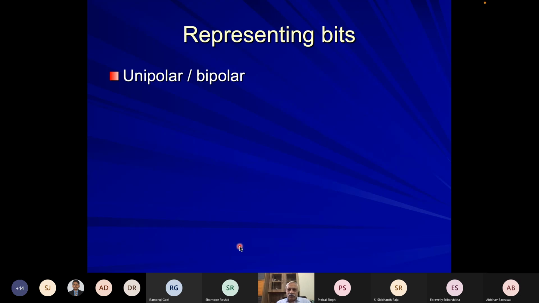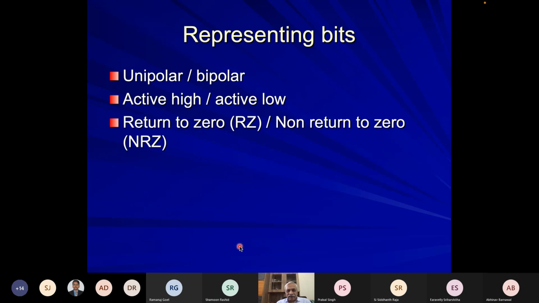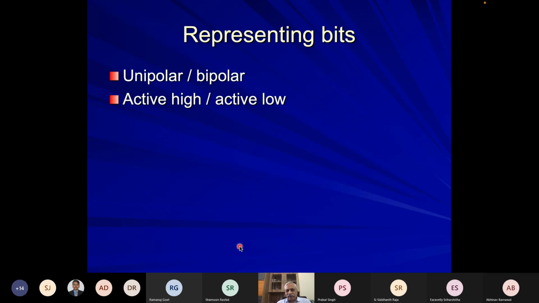Okay, so how do you represent bits physically? They could be represented by unipolar signals or bipolar signals. You could have an active high convention or active low convention. Active high means that a higher voltage level indicates 1 and a lower voltage indicates 0, or it could be vice versa.